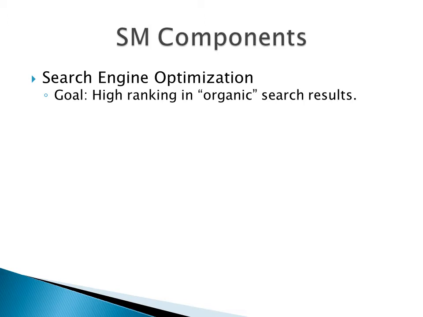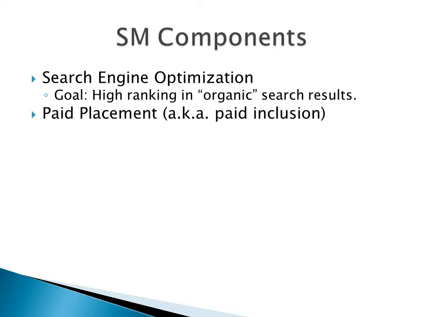You're trying to do things to your website so when people search for whatever your website's about, your listing will have a high ranking in what are called the organic search results. If you don't know what those are, I'm going to explain in just a few minutes.